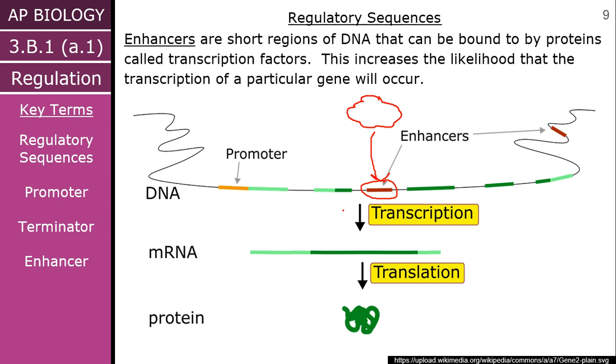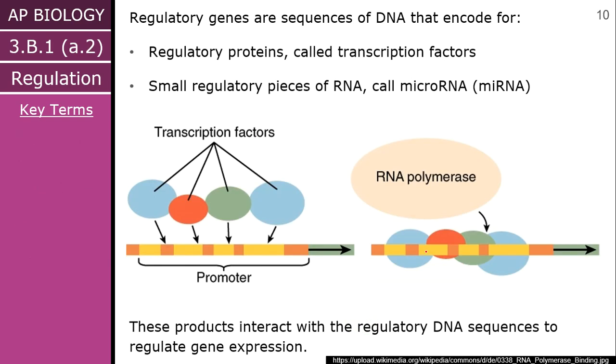But basically, they allow the promoter to be more accessible. Okay. It makes it more likely that RNA polymerase will bind on and then start moving. Okay. So it basically just enhances the likelihood of transcription, hence why we call them enhancers. Again, none of these terms are trying to trick you.